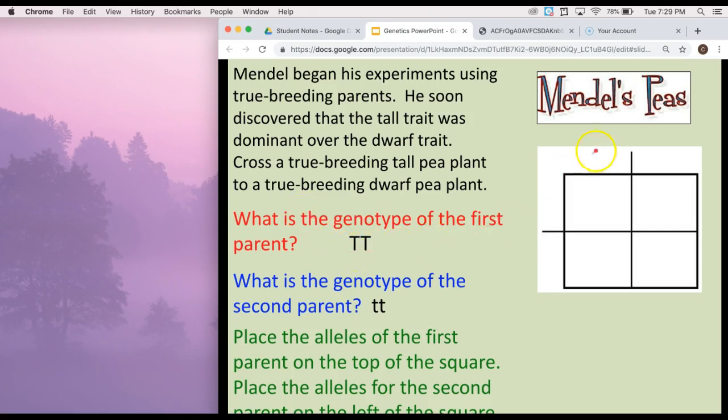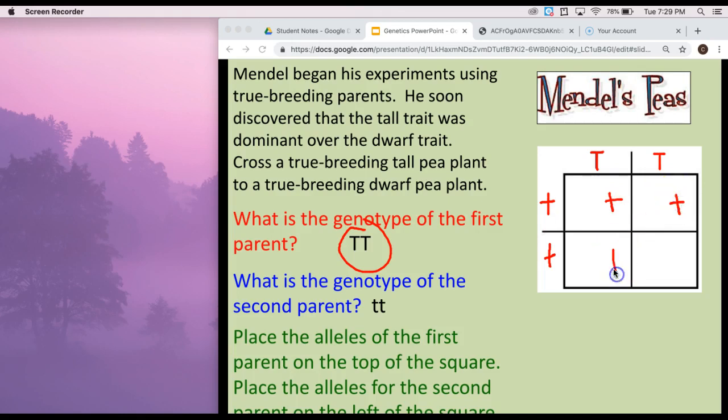So first parent, let me write on it real quick, is big T, that's here. Second parent is small t, small t. We bring these across. Always put the recessive trait on the right-hand side. Bring this down.